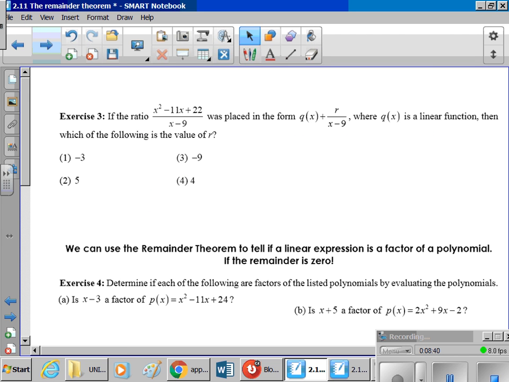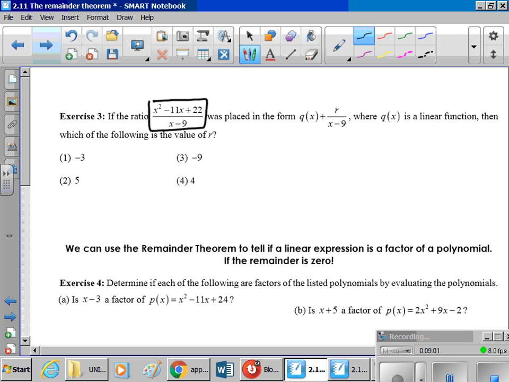Okay, so if the ratio was placed in the form q of x plus r over x minus 9, where q of x is the linear function, then which of the following is the value of r? So there's a couple of ways to do this.